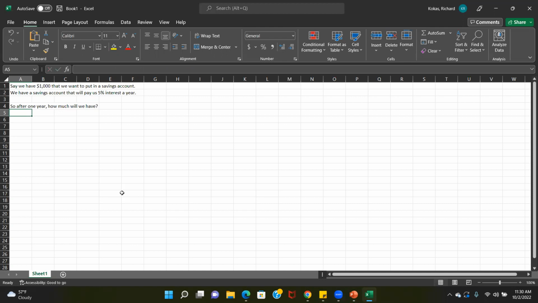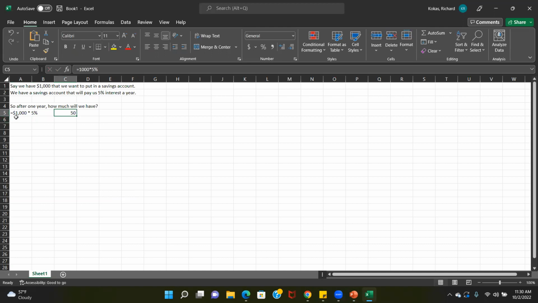One way is you take the dollar amount, $1,000, and multiply it by the interest, in this case 5%. That gives us just the interest that's earned. So 1,000 times 5% is $50 in interest.